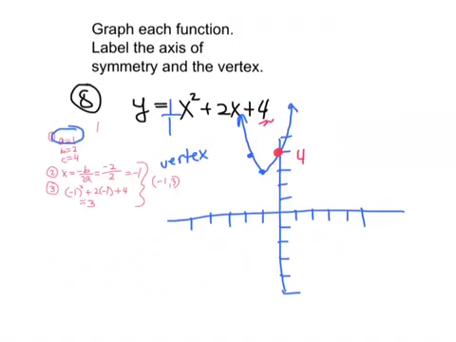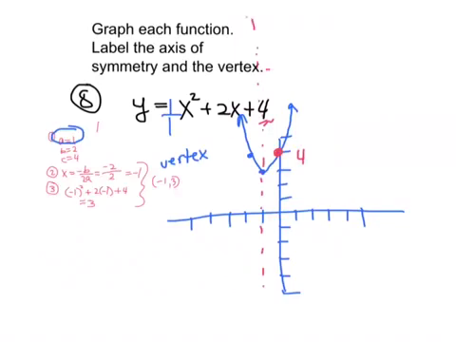Then it says label the axis of symmetry and the vertex. The axis of symmetry is something we have not learned about yet. It is the line of symmetry in our parabola. It goes right through the vertex, and it's always straight up and down, straight vertical.